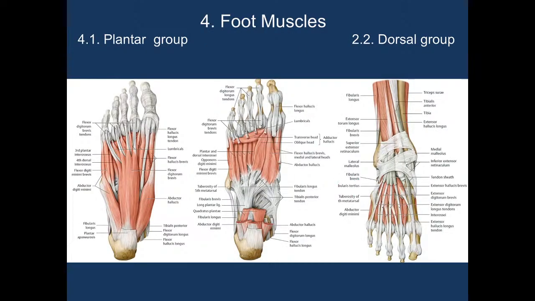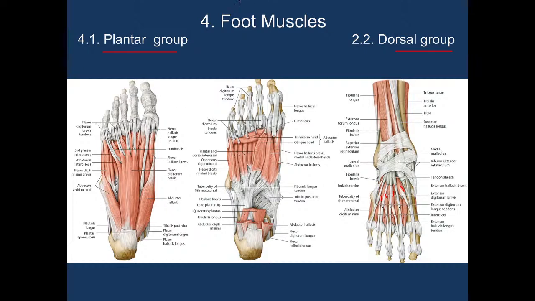Foot muscles have a plantar group and a dorsal group. There are two muscles located dorsally. It is a difference in comparison with the hand, where there are no muscles at all, but on the dorsal surface of the foot we see four muscles located here.